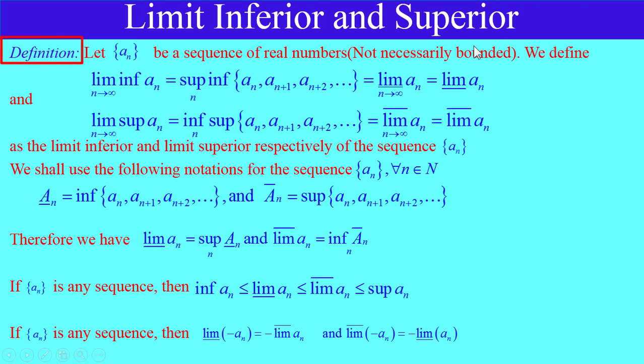Limit inferior and superior. Definition. Let an be a sequence of real numbers, not necessarily bounded.